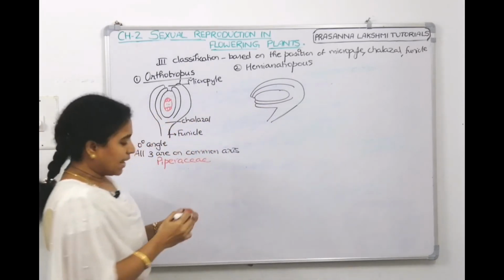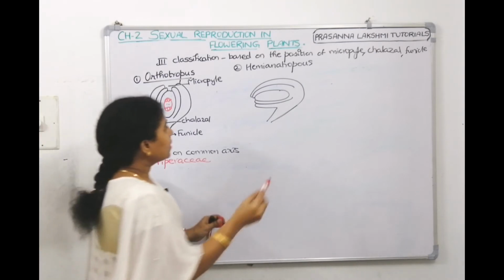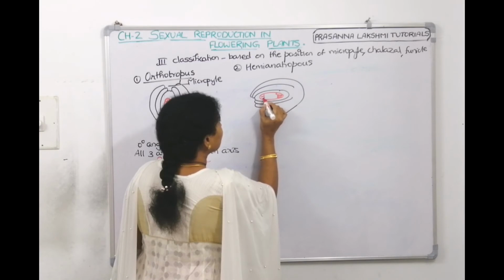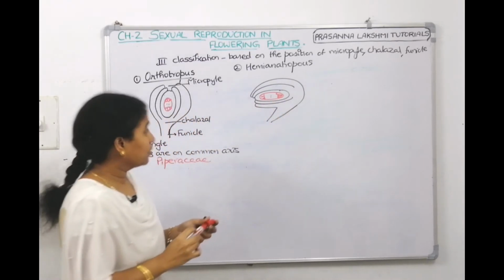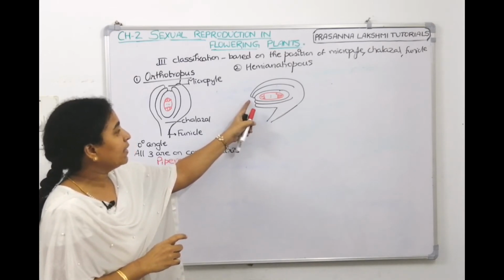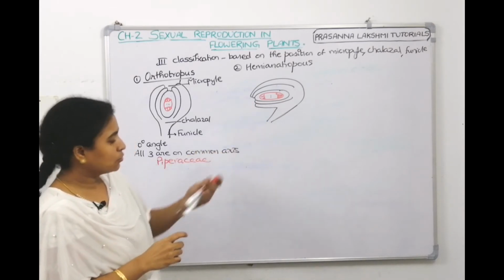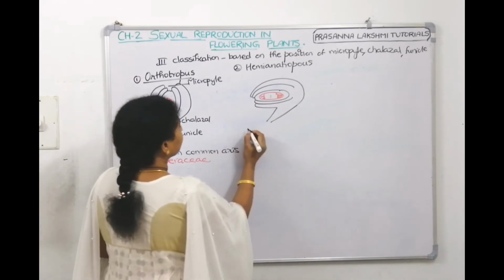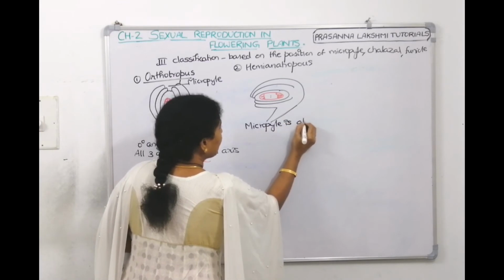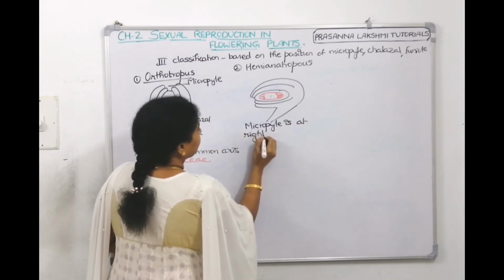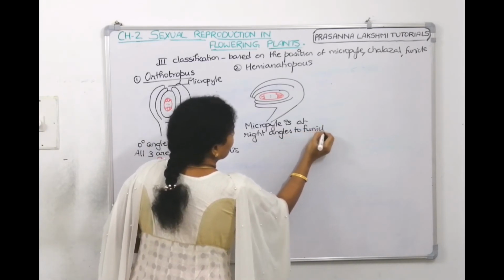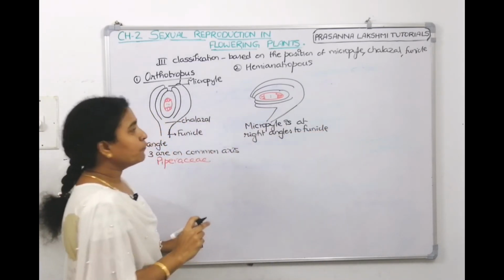And the embryo sac is inside here, 3 cells here, 3 cells here, and polar nuclei. So is it showing 90 degrees from the funicle? The micropyle is at right angles to the funicle. So what should we write here? The micropyle is at right angles to the funicle.